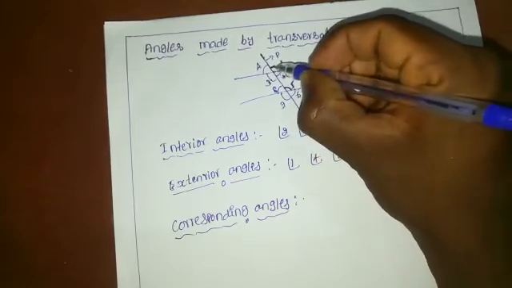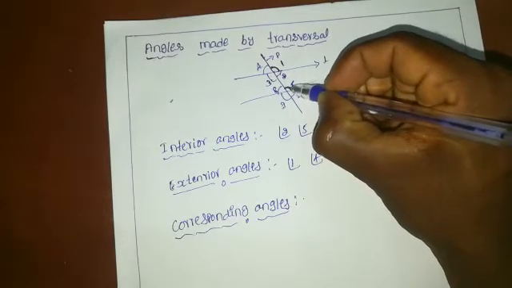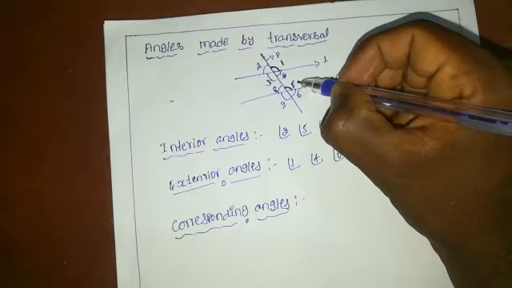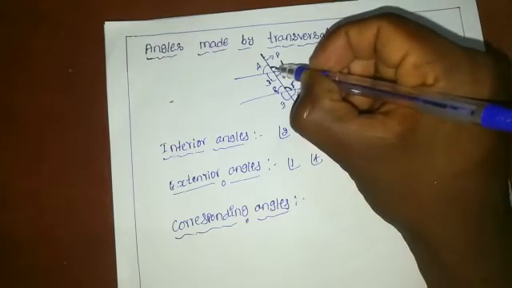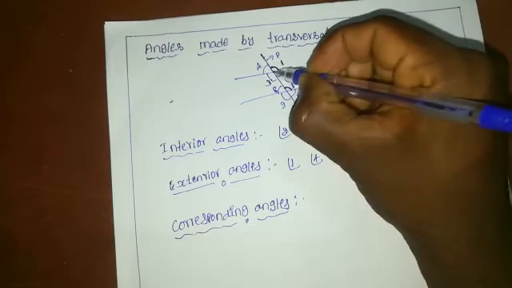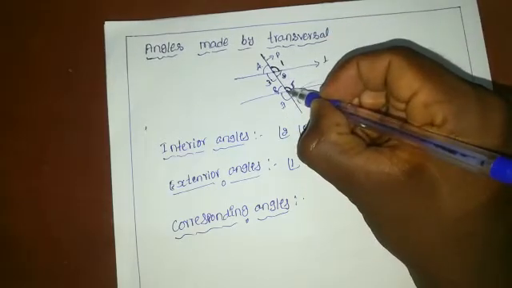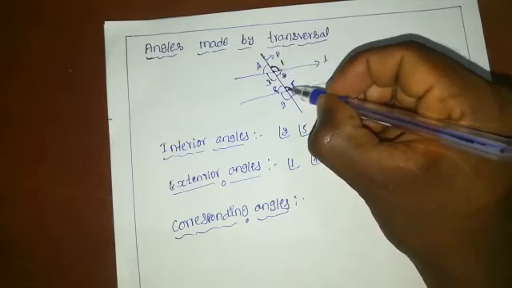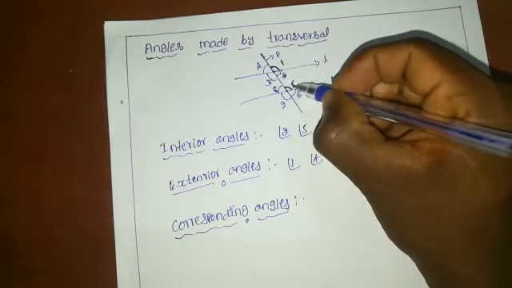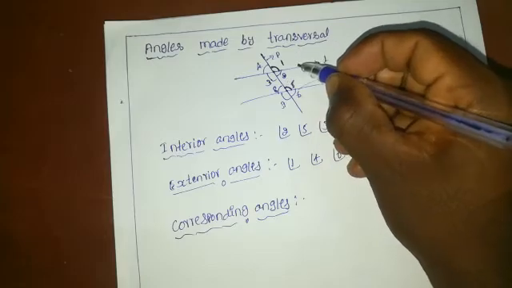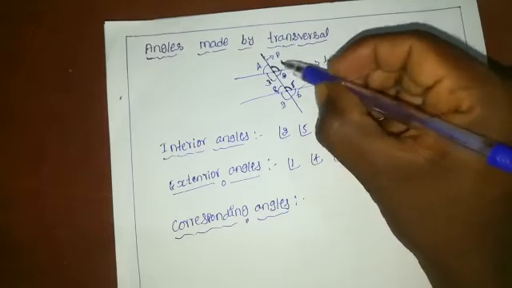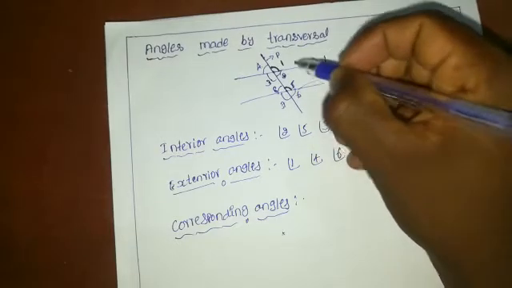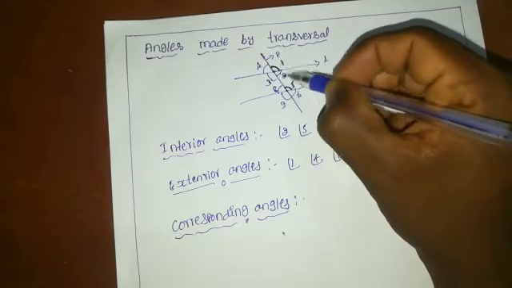Just observe here, angle 1 and angle 5 are corresponding angles. What are corresponding angles? The angles which have different vertices. Angle 1 has this vertex, and angle 5 has this vertex. Both angles have different vertices and both are present on the same side of the transversal line, so we call them corresponding angles.